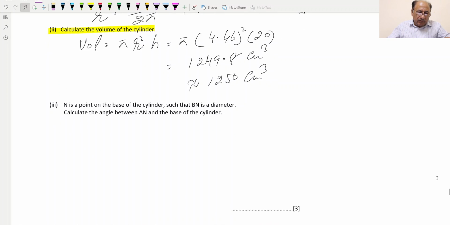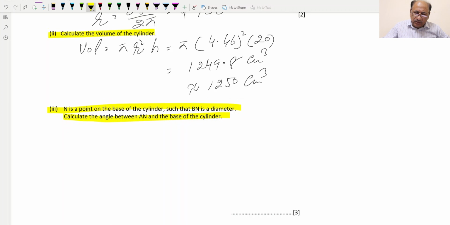This is done. Now third part, N is the point on the base of the cylinder such that BN is the diameter, and calculate the angle of N. Okay, N and the base.